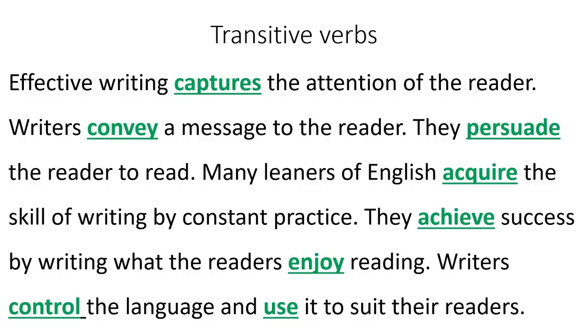But if there is no object, we cannot call it a transitive verb. So in every sentence in this passage, there is a transitive verb because there is an object immediately behind the verb which is underlined.